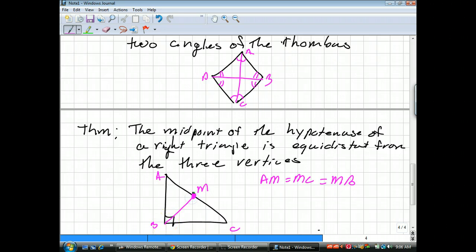So this segment is congruent to this segment, that segment. So the midpoint of the hypotenuse is equidistant from the three vertices. In other words, we have three congruent segments.